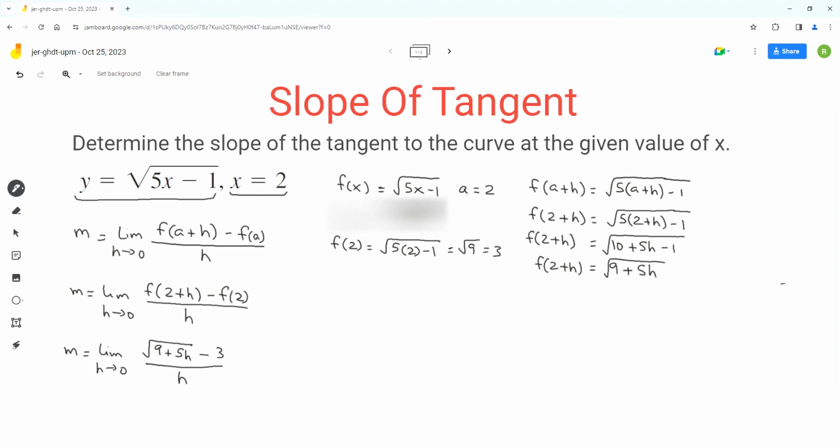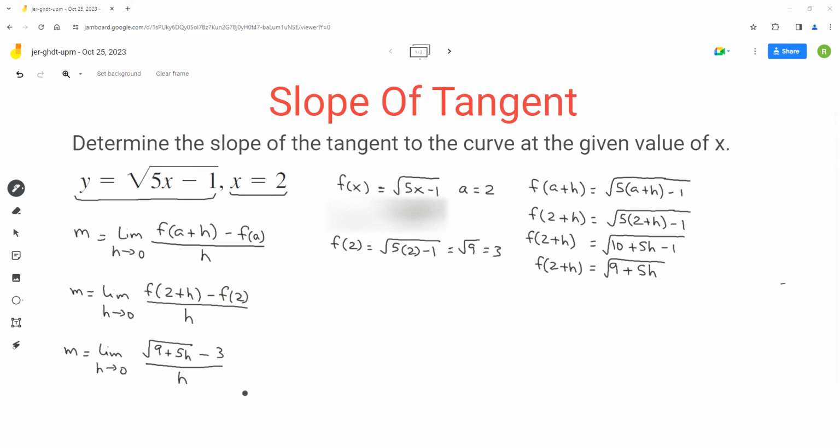This is the expression we have to simplify, because if we apply the limit h equals 0, then the denominator of this expression becomes equal to 0. So as a result, the expression becomes undefined. So we have to figure out a way to cancel out this h in the denominator.